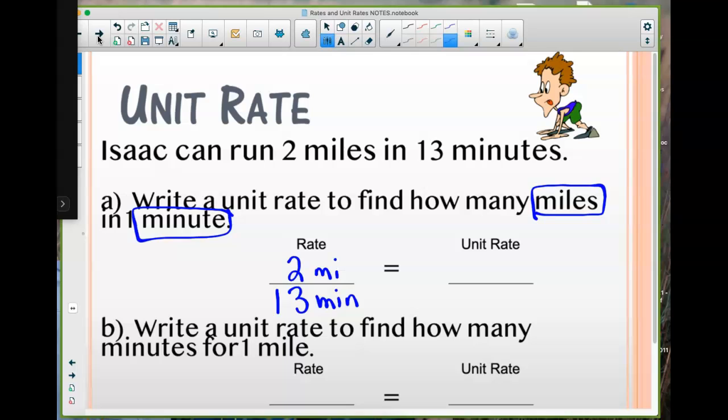So there's our rate. Okay, I want a unit rate, and a unit rate means we want the bottom number to be 1. I want to know how many miles can he run in 1 minute. How do you think I'm going to get there? I somehow need to change this rate to get the bottom number to be 1. Any ideas what I can do?